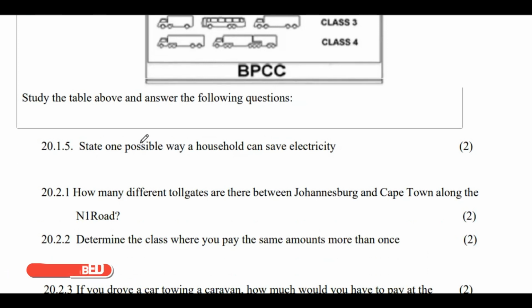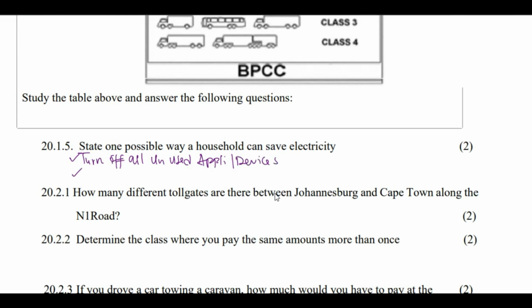20.1.5. Okay. State one possible way of saving electricity. This was supposed to be up there. You say, turn off all unused appliances. You can call them devices. Switch off the lights as you leave the room.